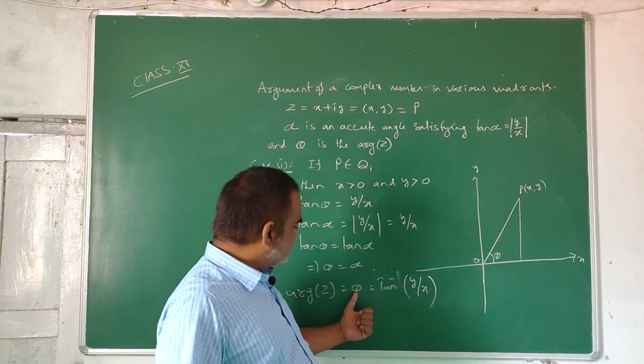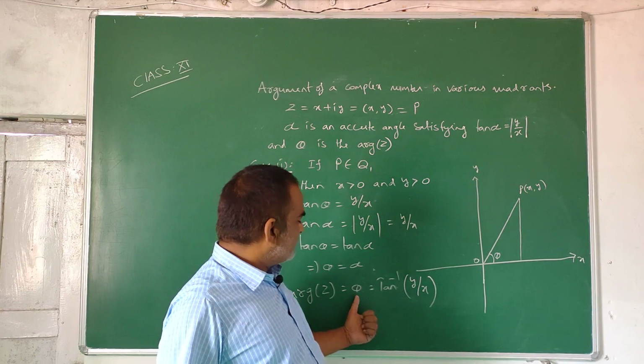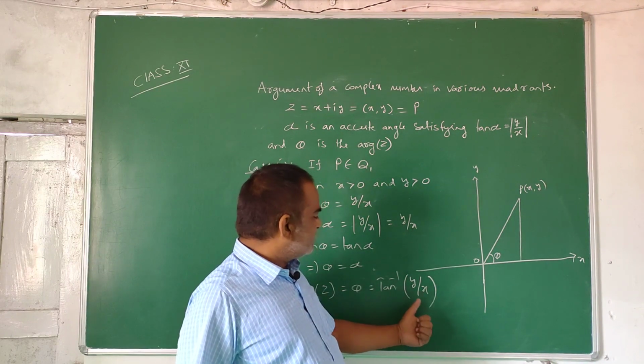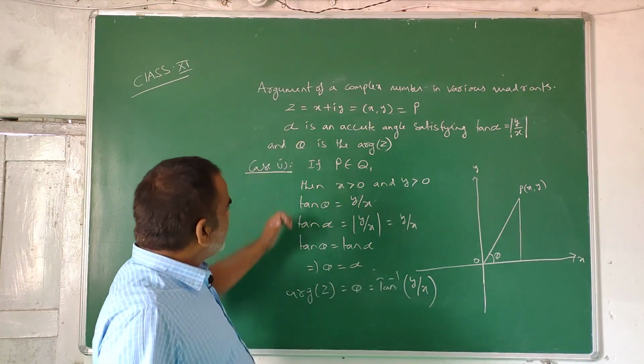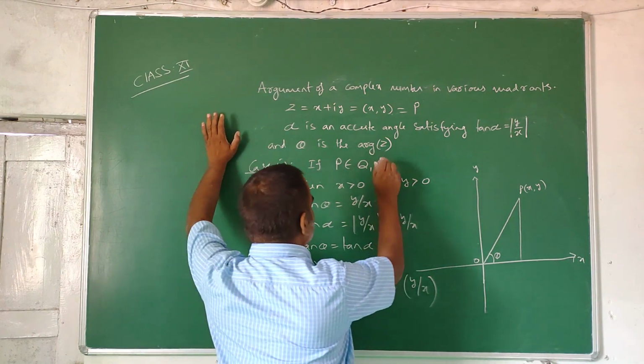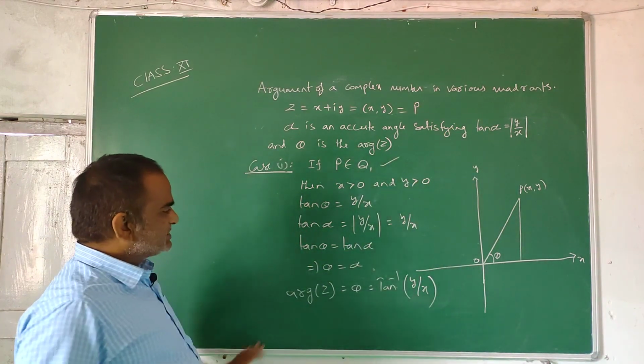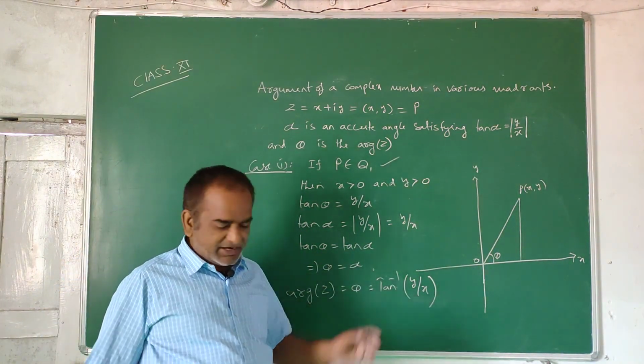You can take any symbol. So in this case, argument of Z is equal to alpha, or theta is equal to tan inverse y by x, provided the point P lies in Q1. So this is the most important point that you have to understand. Understood? Right.